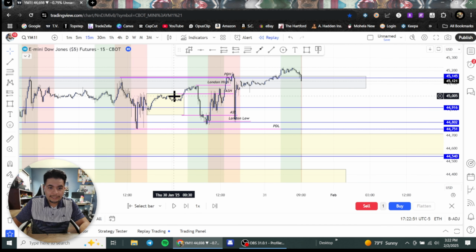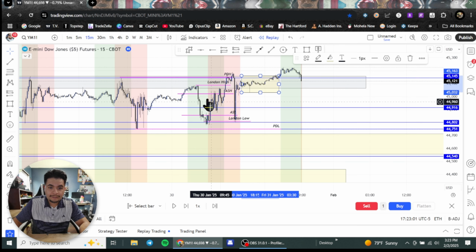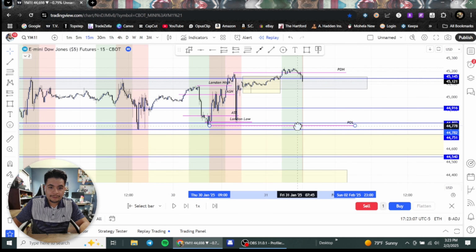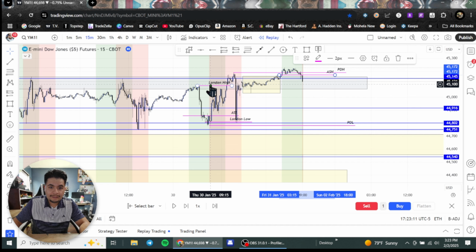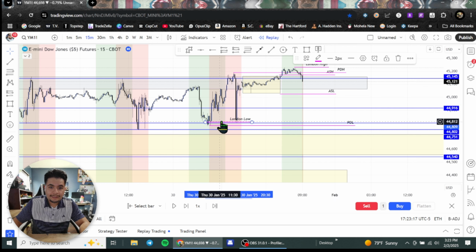I'm getting to my table at 9 o'clock, so we can see here that price came back up into this area, 145 area, previous day high, previous day low, Asian session high, London high, Asian session low, and London low.